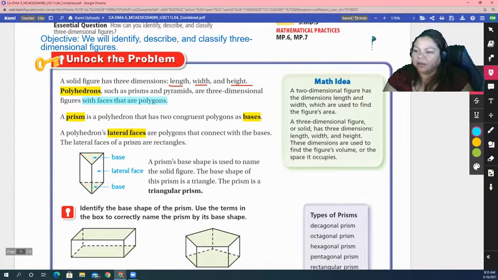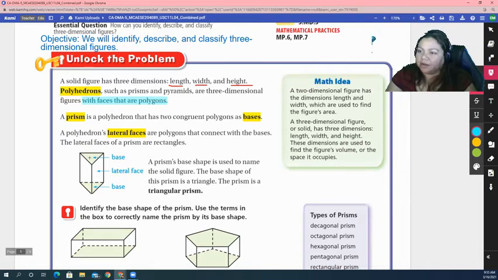faces that are polygons. A prism is a polyhedron that has two congruent polygons as bases. That means that the top and the bottom have a polygon. In other words, a polygon at the base. See how the base is a triangle, and the top of that figure is also a triangle.